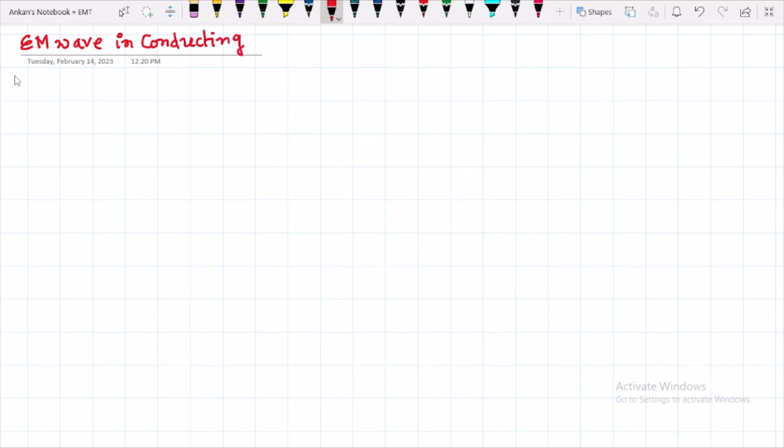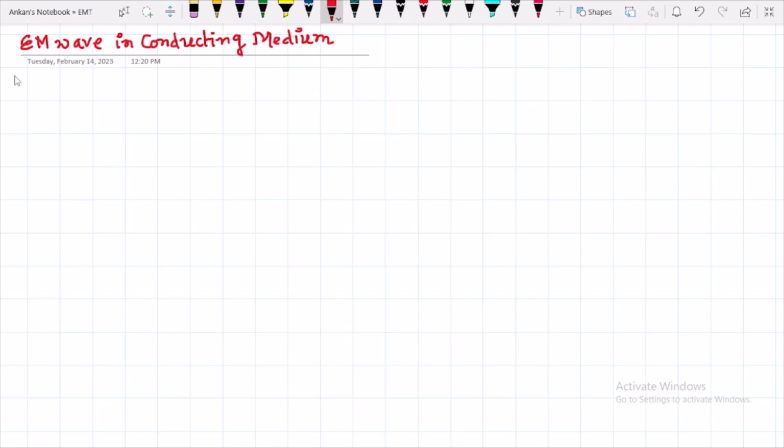Conducting medium. You have already become habituated to the formulation that I follow while discussing the electromagnetic wave in different media. What is the general procedure? At first we have to write the Maxwell's equations for the given medium.